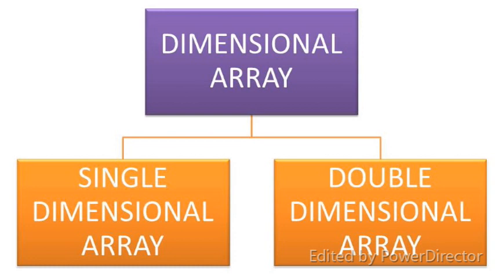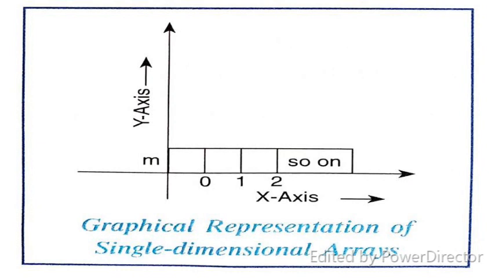Dimensional arrays are basically of two types: single dimensional array and double dimensional array. In this presentation, our main emphasis will be on single dimensional arrays. For a better understanding of single dimensional arrays, let us see the graphical representation.